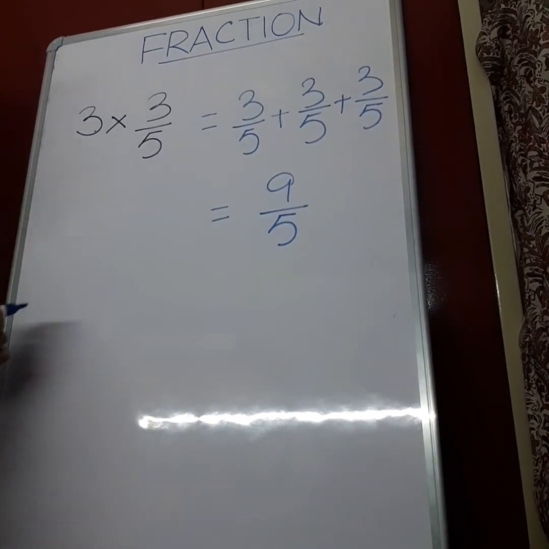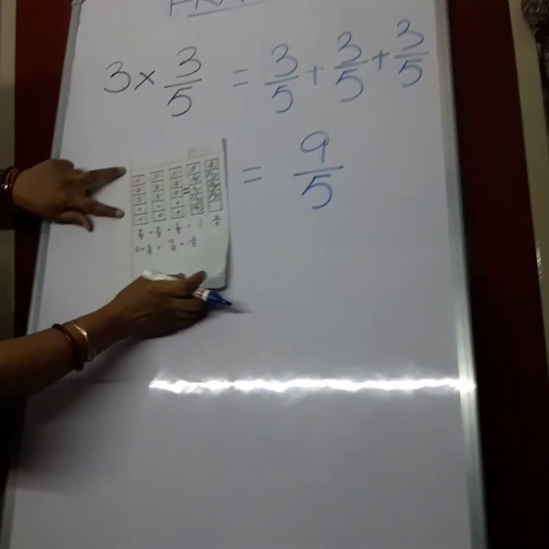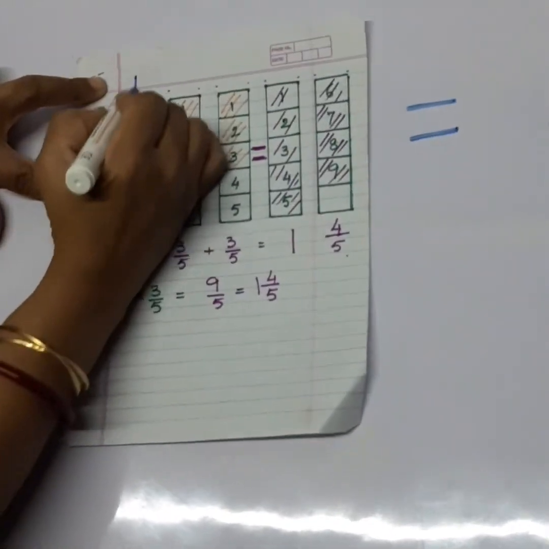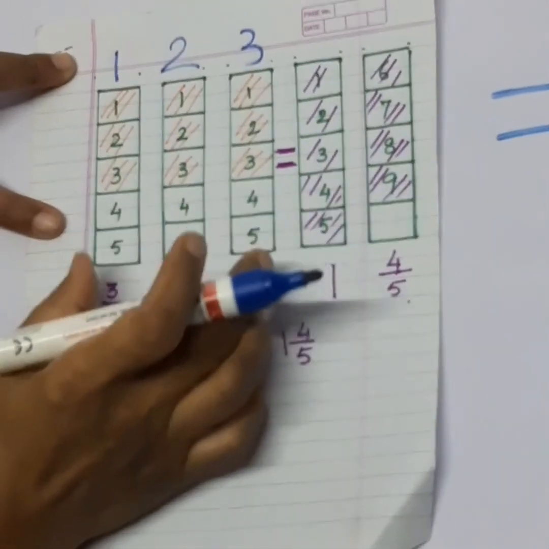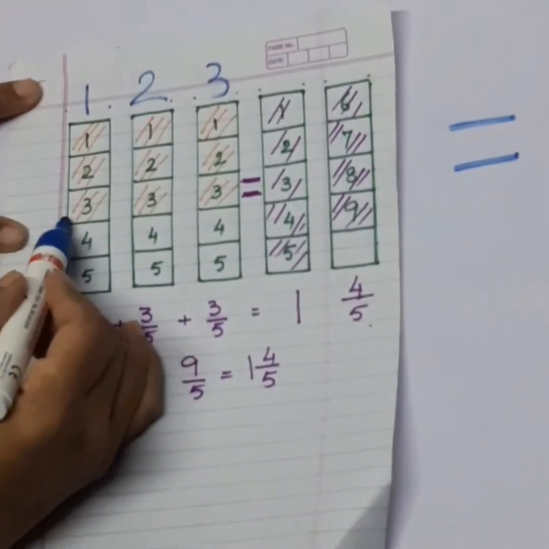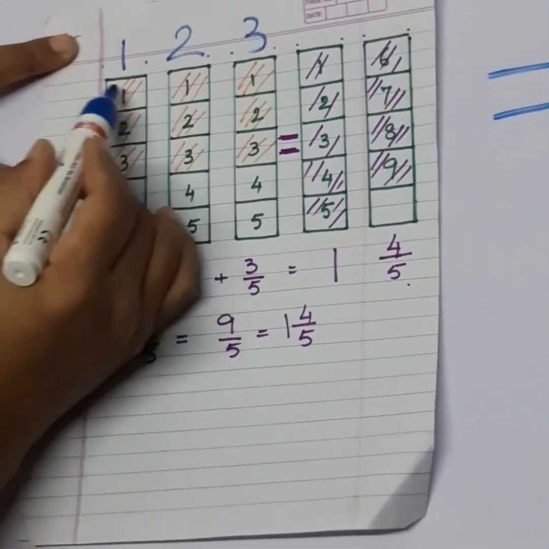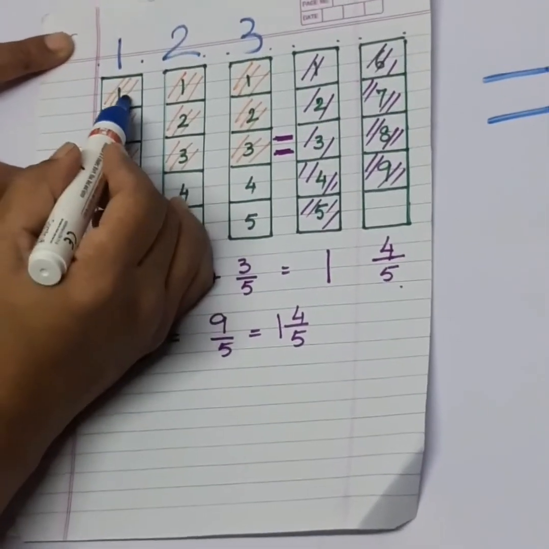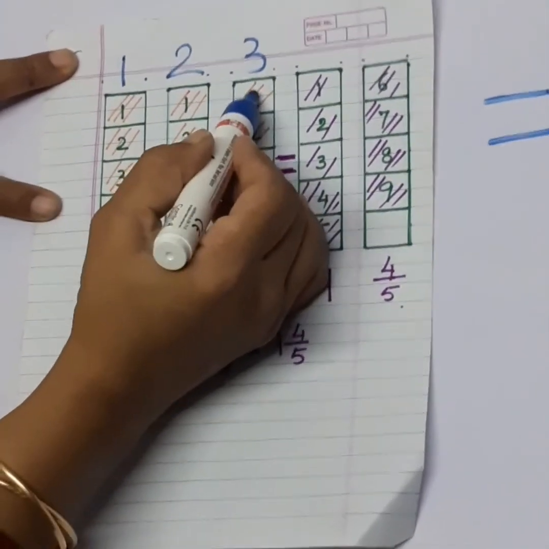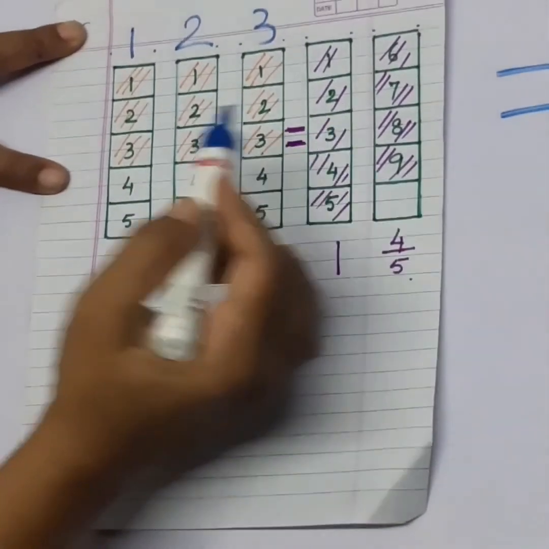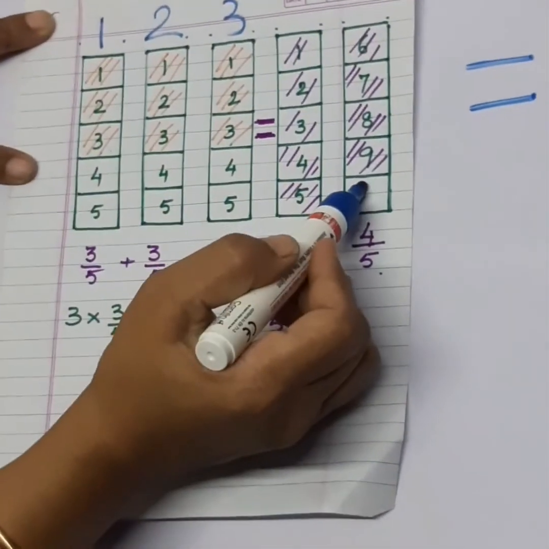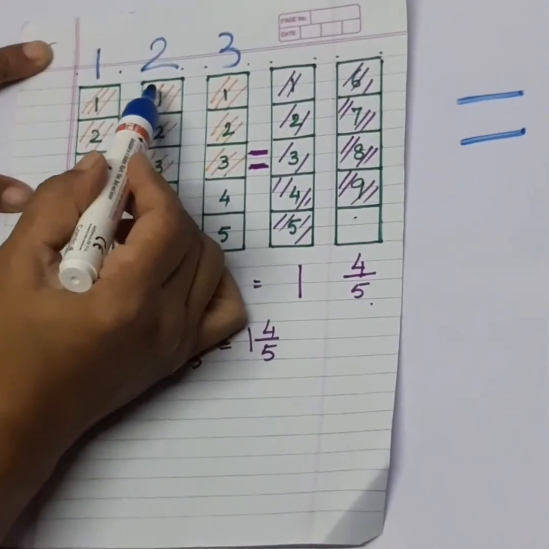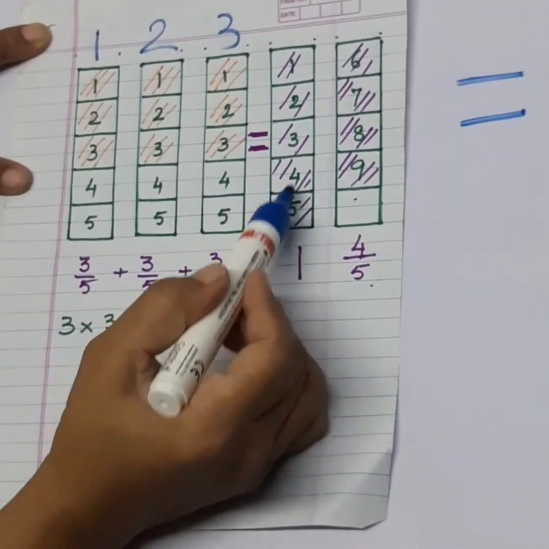Now children, I will be showing it with the figure. See, 3 by 5. So there are 1, 2 and 3 chocolates, and out of that 3 parts I am taking. From all 3 I am taking 3 parts. 3 out of 5. Now I am adjusting this over here. So 1, 2, 3 from this. Then 1, 2, 3 from 1, 2, 3.